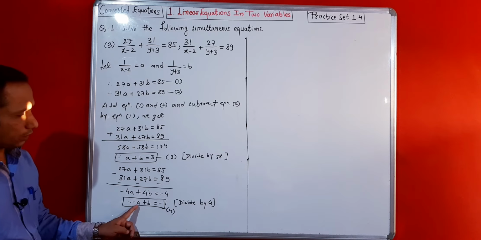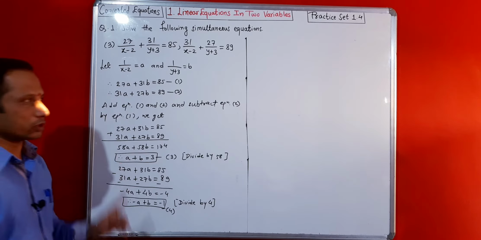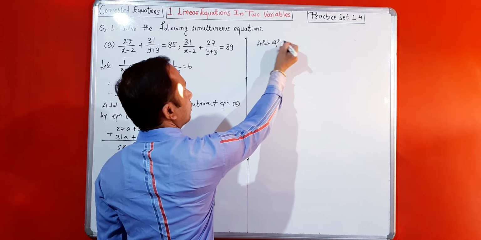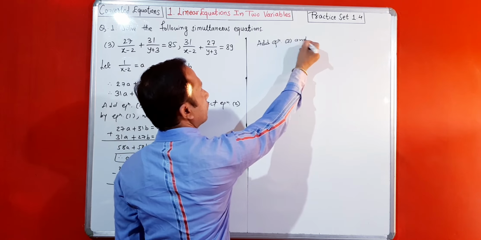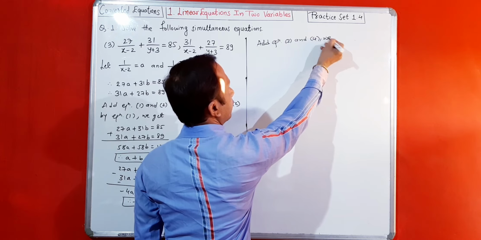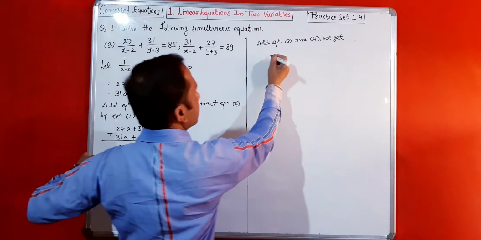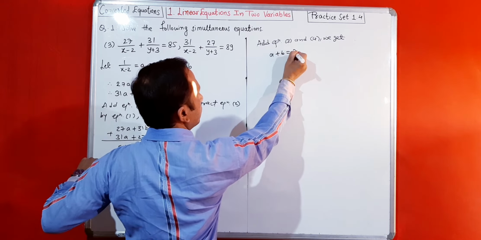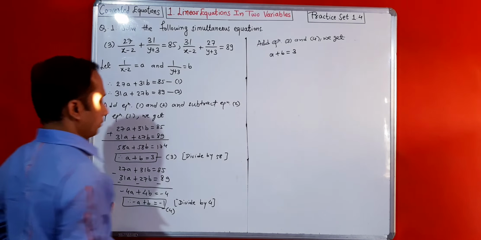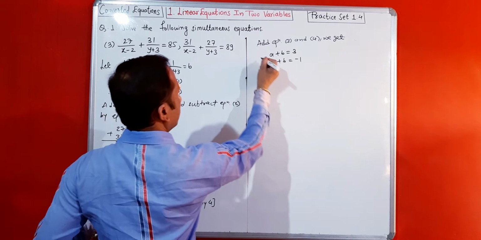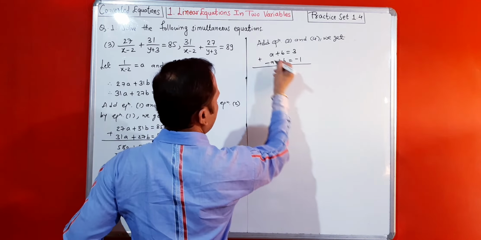Now you can see that here is minus a, here is plus a. So just add equations 3 and 4. Whatever we get, we will write. What is equation 3? a plus b is equal to 3. What is equation 4? Minus a plus b is equal to minus 1. So do the addition.